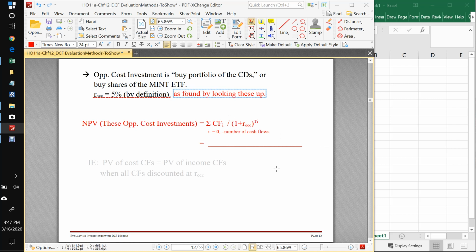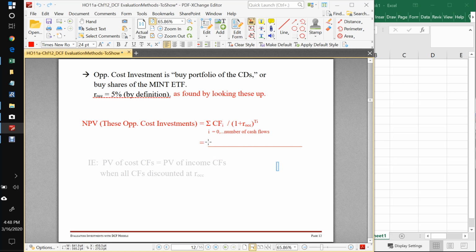And so the NPV of these investments is found by plugging into our NPV equation.